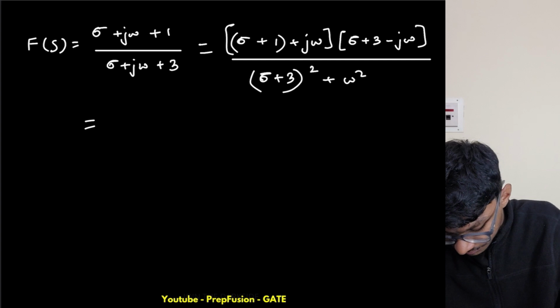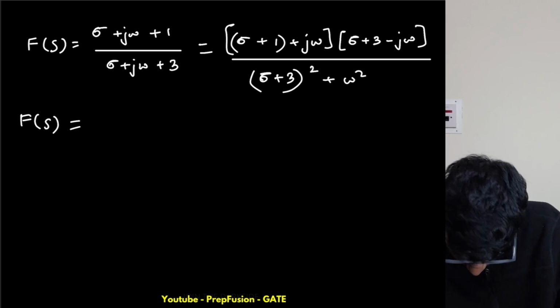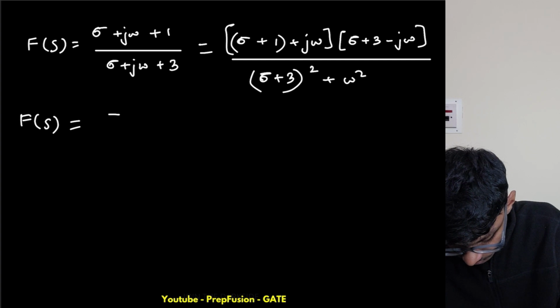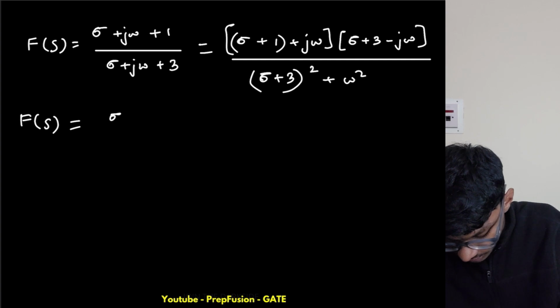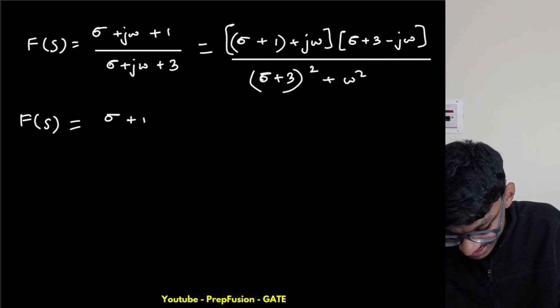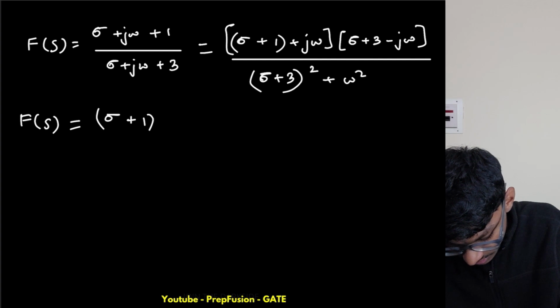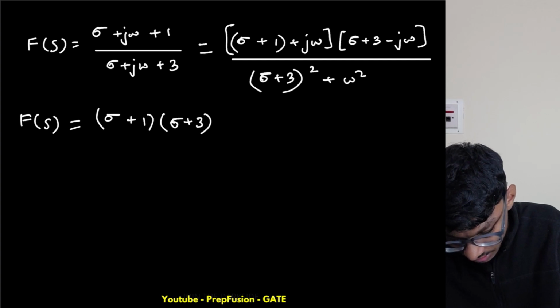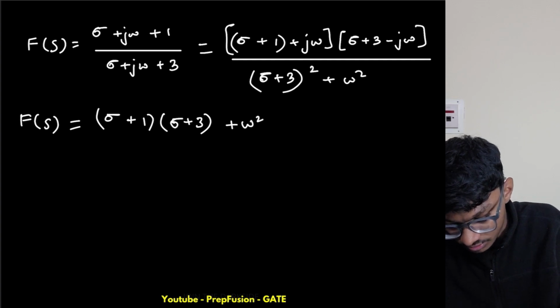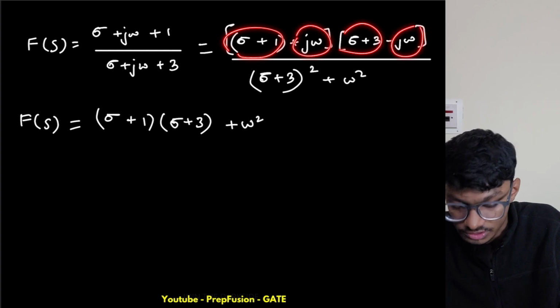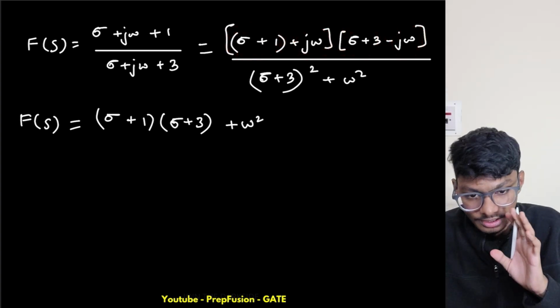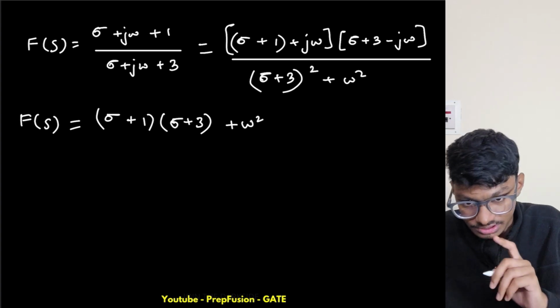So this is... oh, I cannot even write the sigma plus 1, sorry. This is sigma plus 1 into sigma plus 3, and the denominator becomes plus omega square. So this multiplied with this and this multiplied with this also yields a real component.